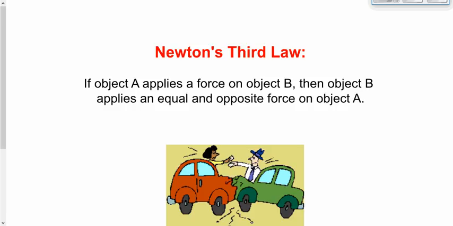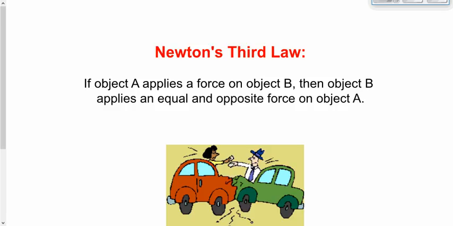Does Newton's third law always hold? Do we always, every single time there's a force acting, have an equal and opposite force acting on the other object? If object A applies a force on object B, does object B always apply a force on object A? I'm not saying most of the time. I'm saying always.